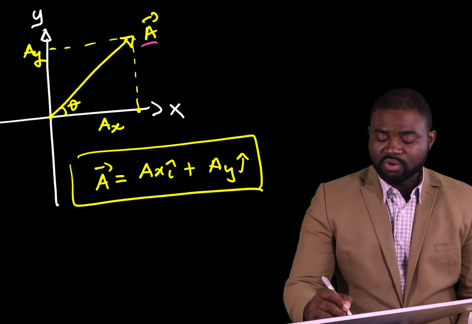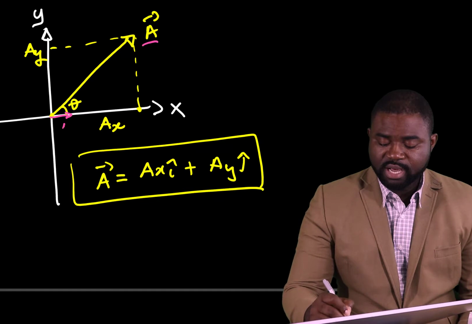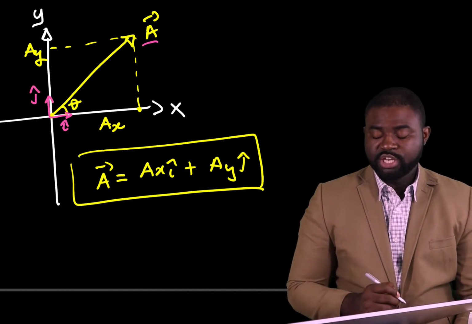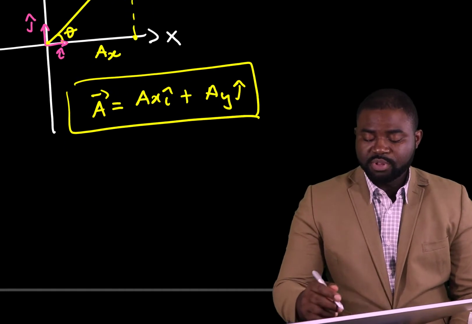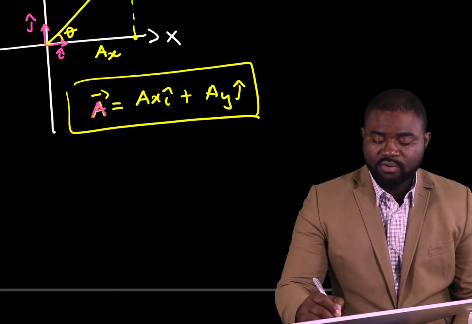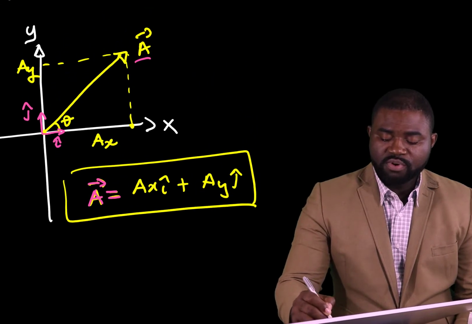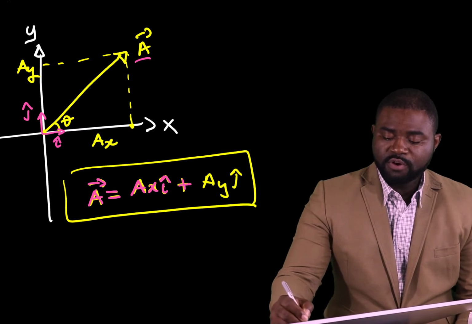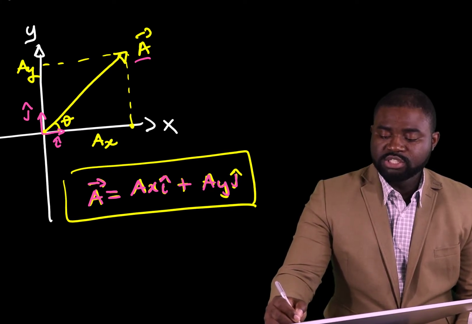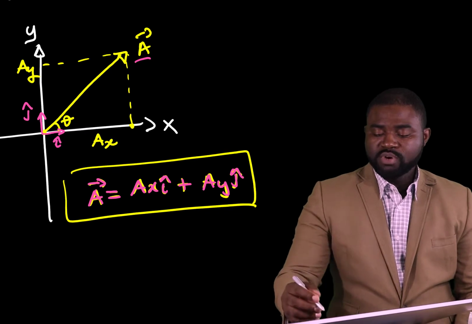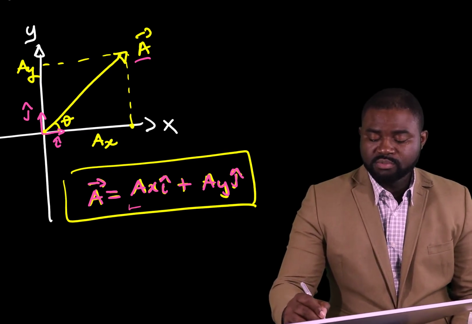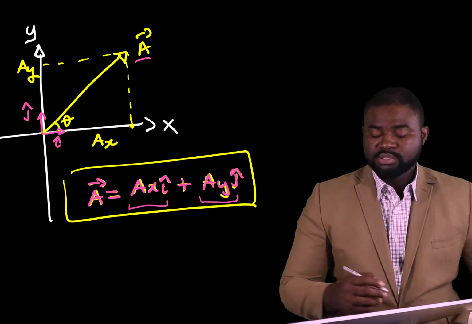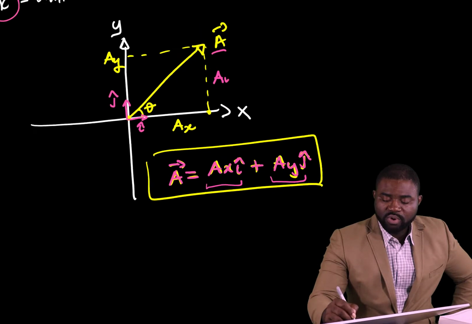The unit vector along the x direction is represented by i hat, and along the y direction by j hat. That implies that vector A can be rewritten as ax i hat plus ay j hat. So we have represented vector A in terms of its components in the x direction and in the y direction.